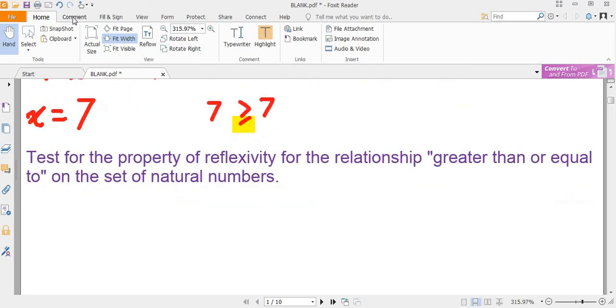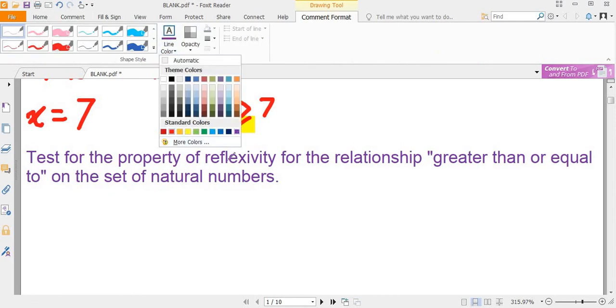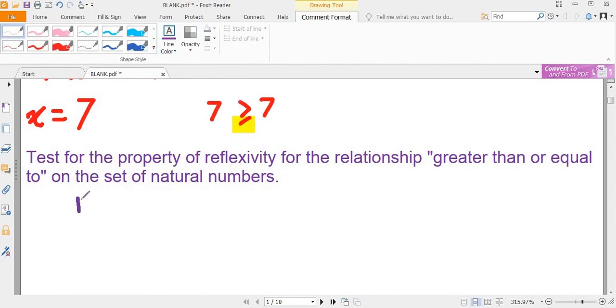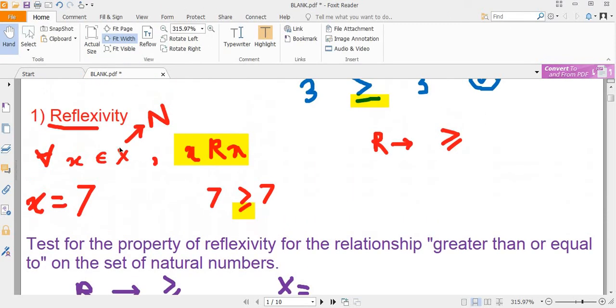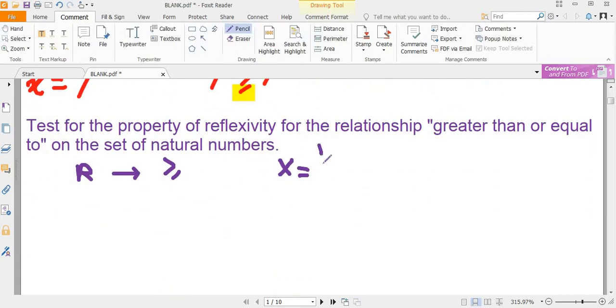So we are going to test for the property of reflexivity for the relationship greater than or equal to on the set of natural numbers. In this case, what are we given? We are given that R, the relationship, is greater than or equal to, and we are given capital X, which is the set of numbers that we will be considering.